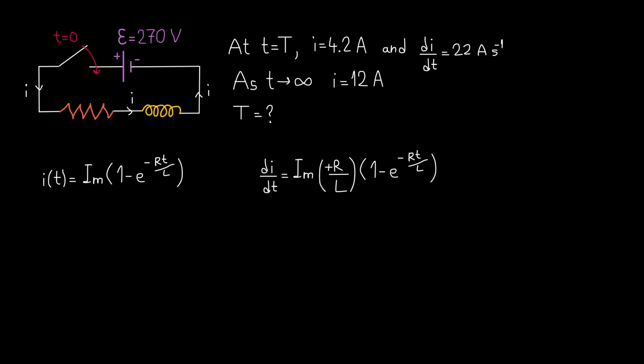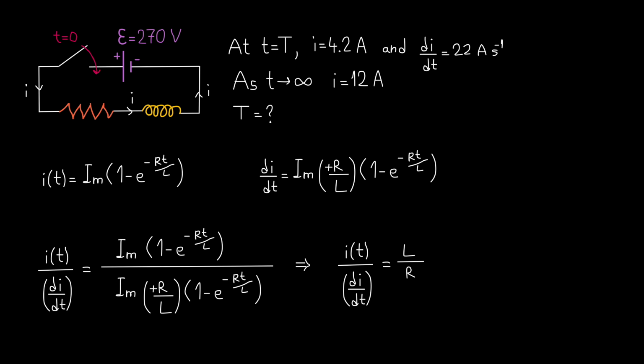Now I'm going to divide these two equations side by side to get a ratio of I divided by di dt. We'll see that a lot of the variables will cancel and we'll end up with a simple expression. The ratio of current divided by the rate of change of current is equal to capital L over R. Now we can calculate this ratio for t equals capital T because those values are given.